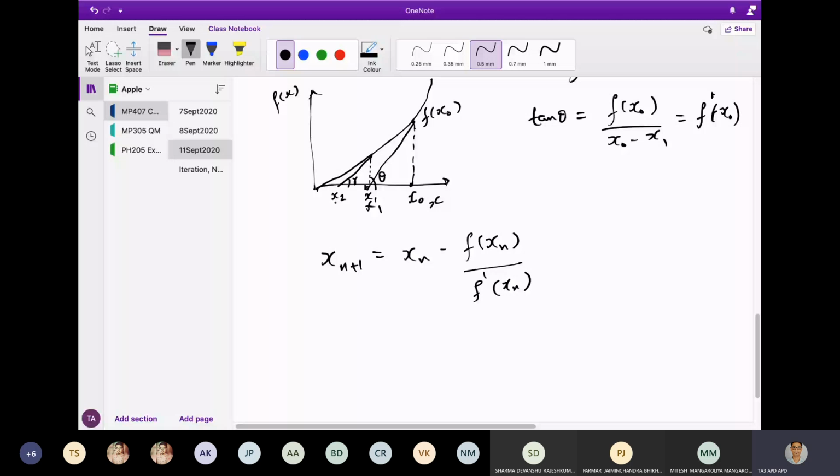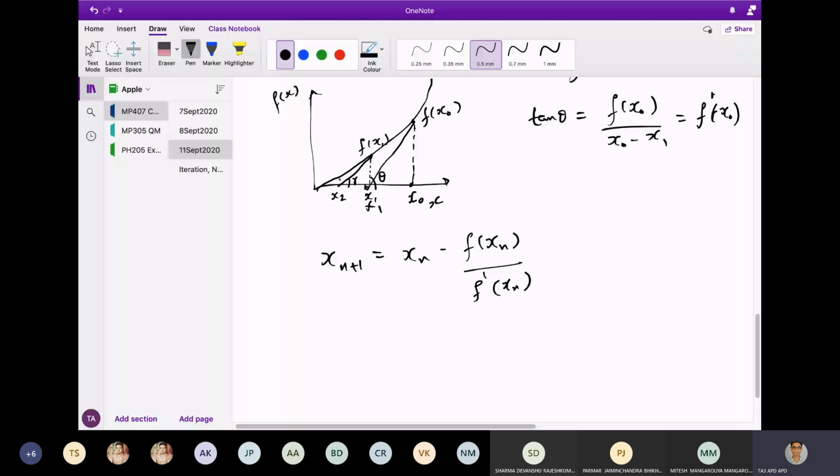And again, you follow this same method. So you take tan gamma equal to f of x1 divided by this distance, x1 minus x2. It will just repeat the same thing, and from that one can come closer and closer to the actual value.